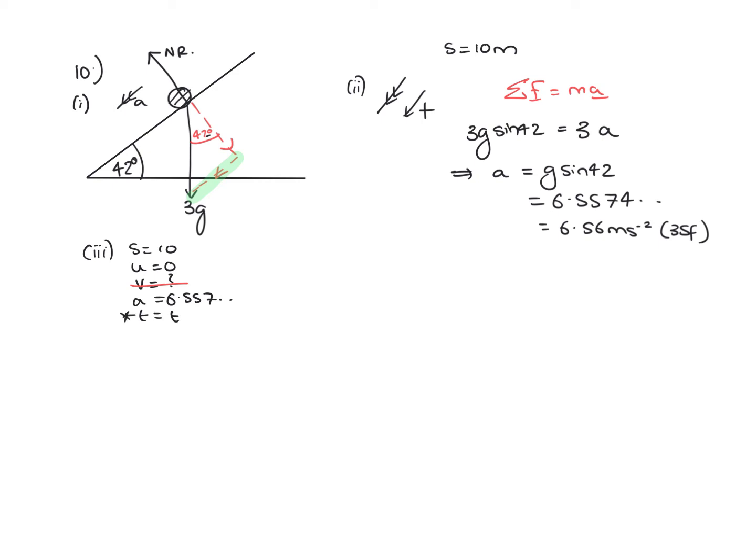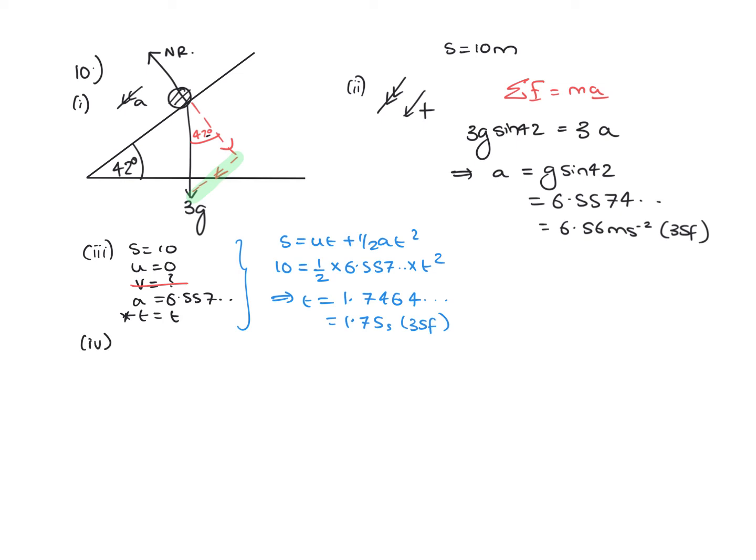So this allows us to use S equals UT plus a half AT squared. 10 equals, well, U is 0, so UT becomes 0. We've got a half multiplied by 6.557 multiplied by T squared. Rearranging this gives us T equals 1.7464, or 1.75 seconds to 3 SF.